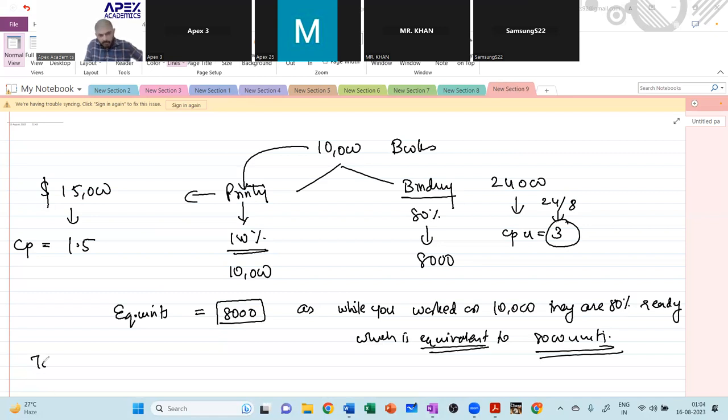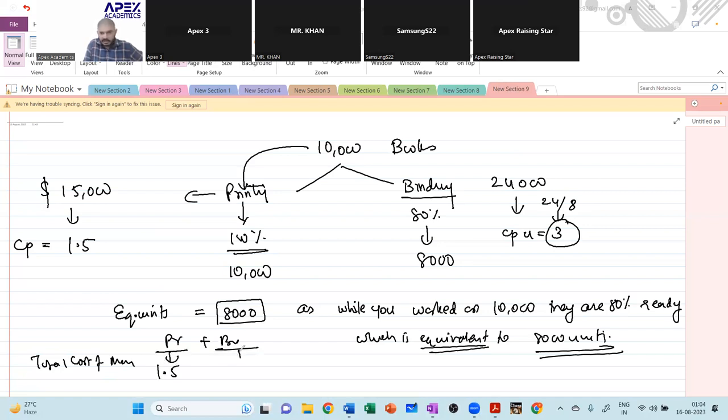What is my total cost of manufacturing? It is printing plus binding. How much in printing? 1.5. How much in binding? 3. Now I'm saying, completely disconnected, suppose 5,000 books are ready.